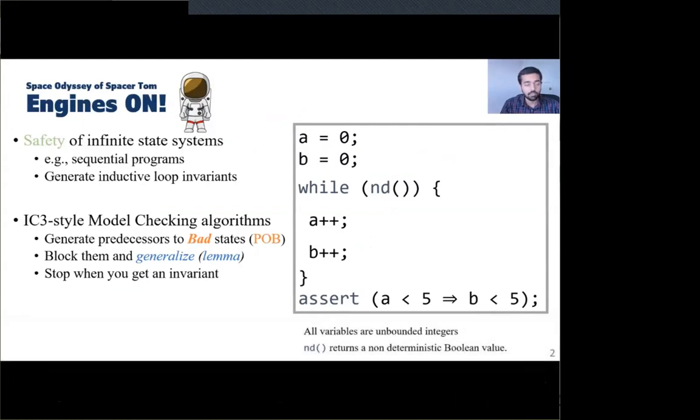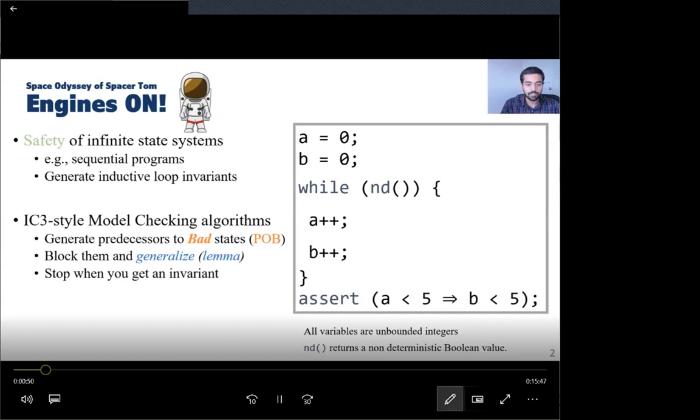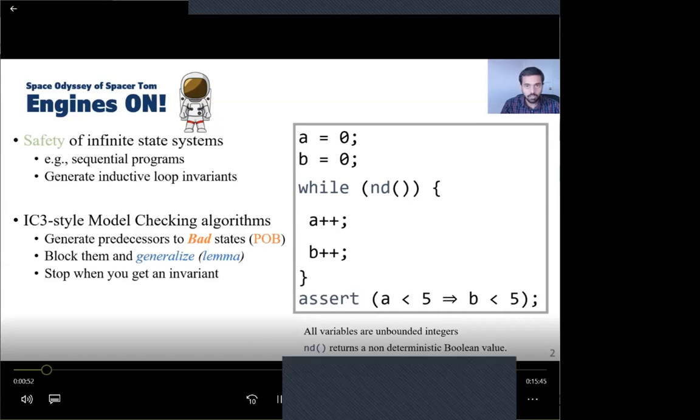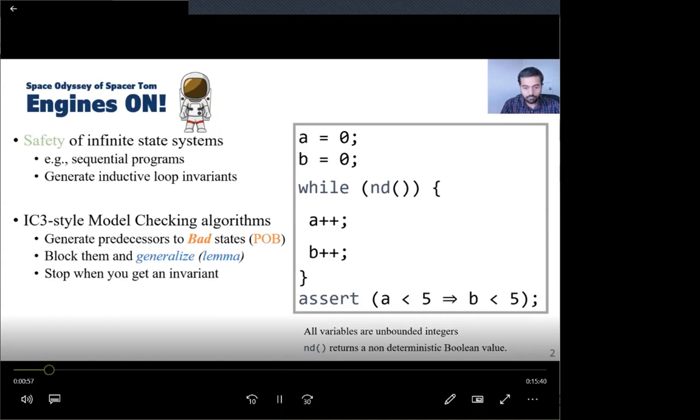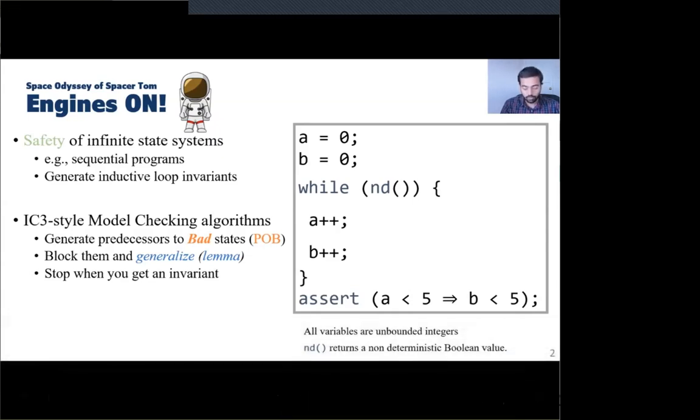We are particularly interested in IC3 style model checking algorithms. These algorithms generate predecessors to bad states called proof obligations, block them, and generalize to learned lemmas. These algorithms do this repeatedly until they generate an inductive invariant.